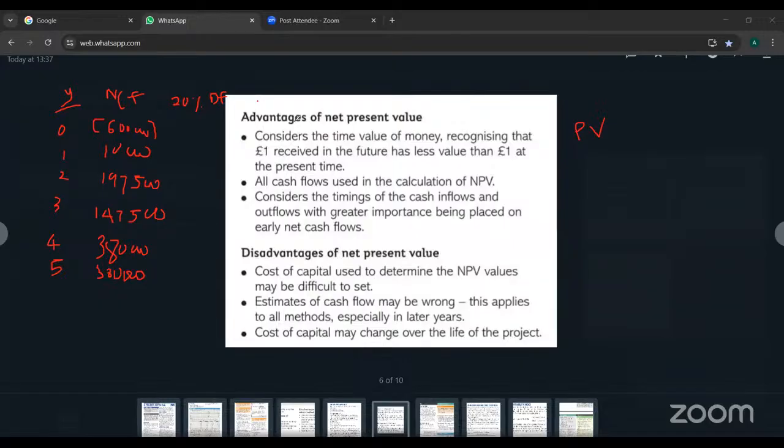Now, when I told you 20% discount factor, in the question itself they will give you the discount factors. Year 0, discount factor is 1. Year 1, discount factor is 0.833. They'll give decimal answers only. Year 2, the discount factor is 0.694.